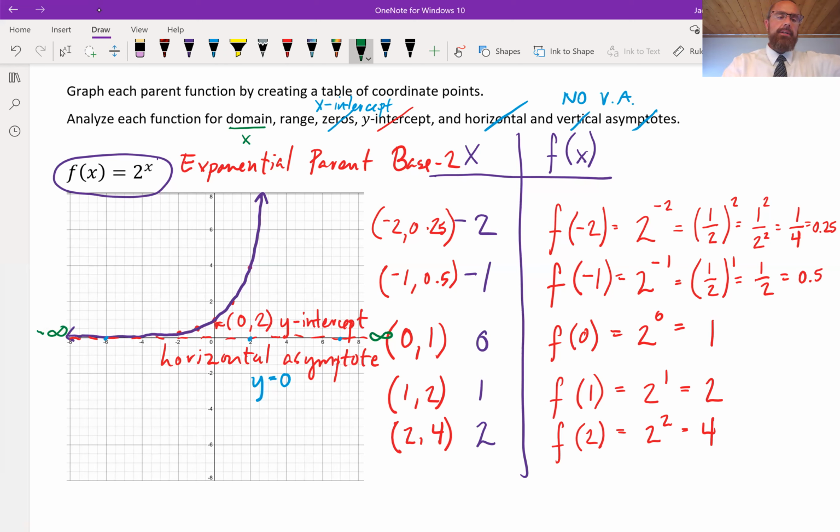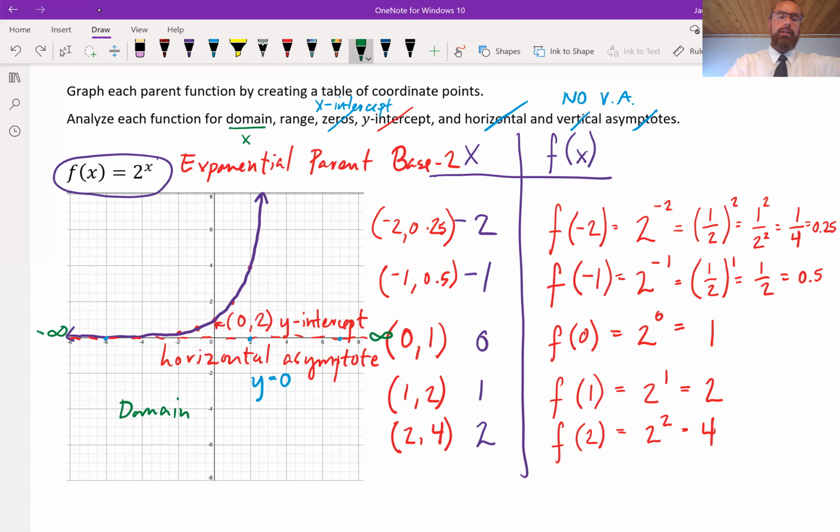So as I write my domain, I need to ask myself, from the left to the right, are there any places in the graph where there are gaps or breaks? As I look at this exponential base 2 parent function, it is perfectly smooth, perfectly continuous across what we see. And algebraically, there's nothing that would prevent us from using any particular x value.